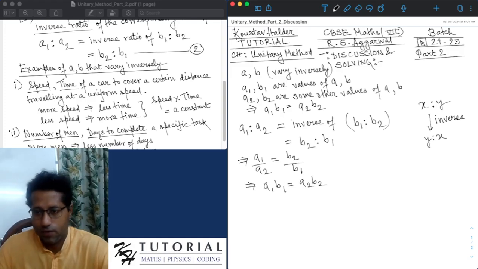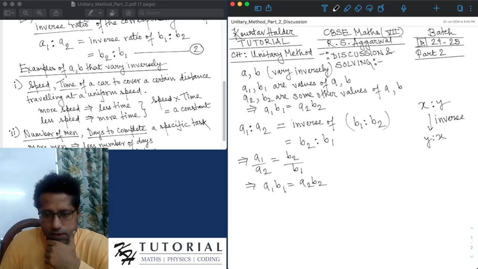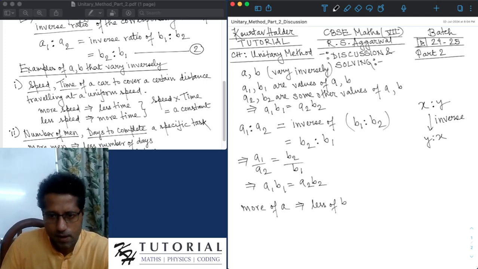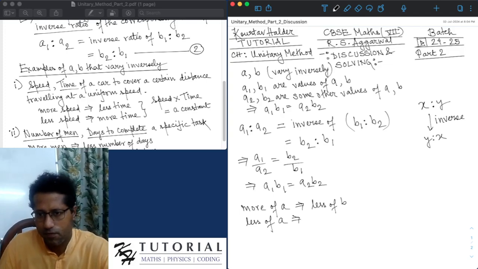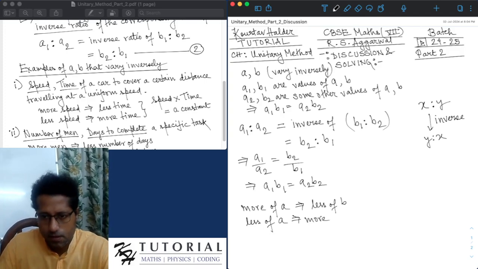So you can understand that if the quantities A and B vary inversely, then more of A will imply less of B, and less of A will imply more of B. Since the product is constant, if you increase A, B has to decrease, and if you decrease A, B will increase.